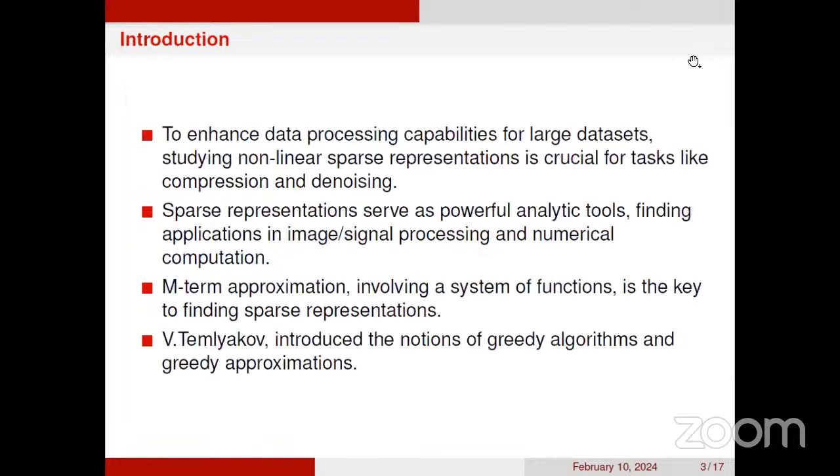Basically, to enhance data processing capabilities for large data sets, studying nonlinear sparse representation is crucial for tasks like compression and denoising. Sparse representations serve as powerful analytic tools, finding application in image and signal processing and numerical computation. M-term approximation involving a system of functions is key to finding sparse representation.